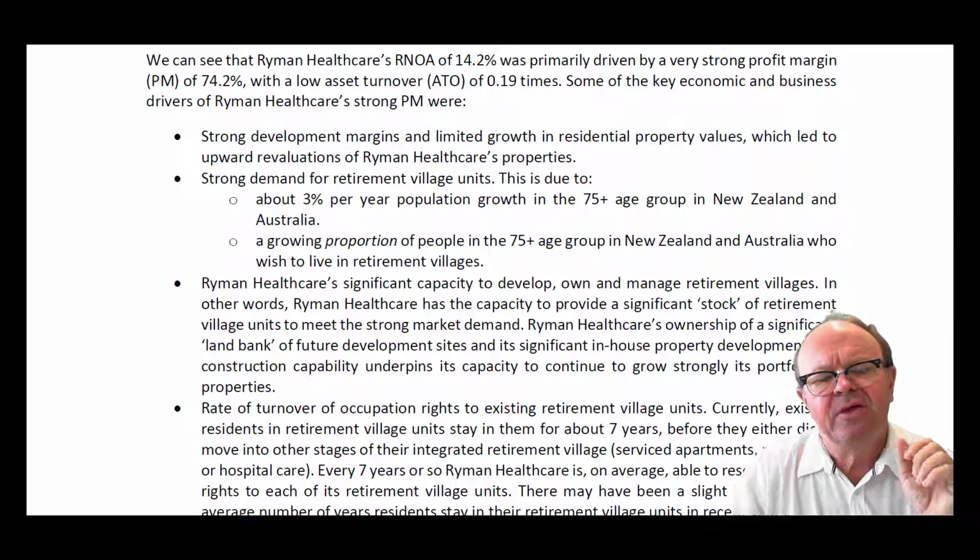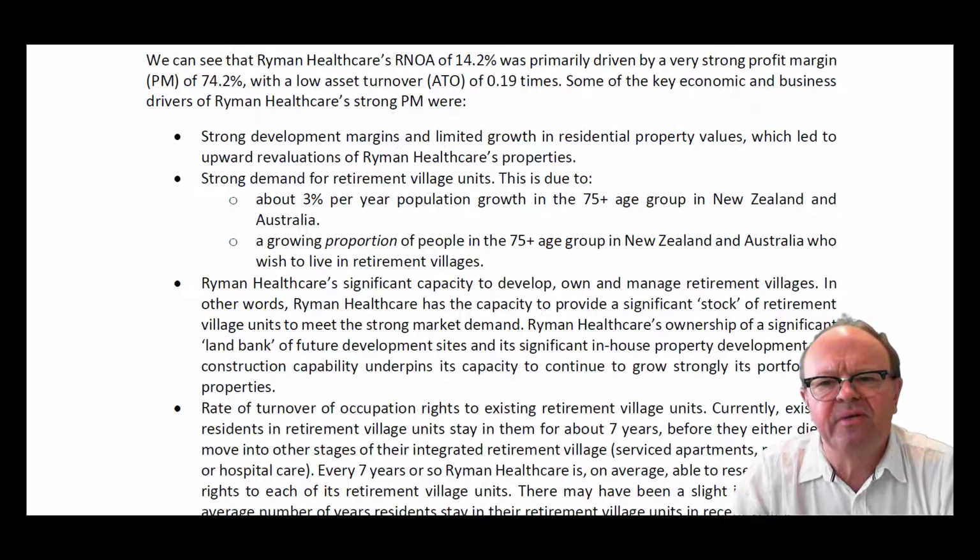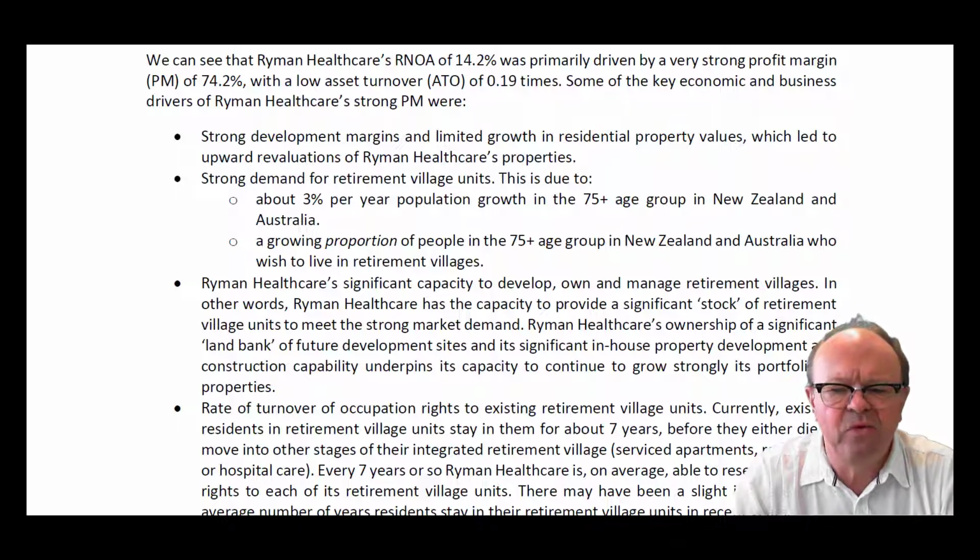We can see that Ryman Healthcare's return on net operating assets of 14.2% was primarily driven by a very strong profit margin of 74.2%, with a low asset turnover of 0.19 times.